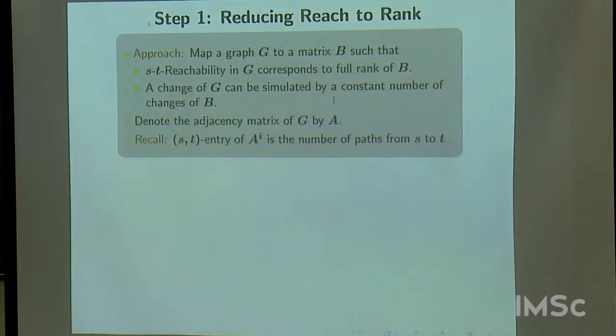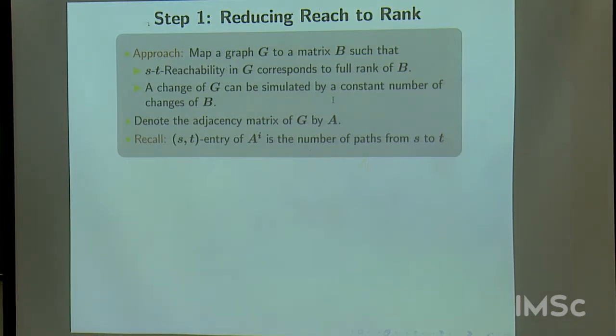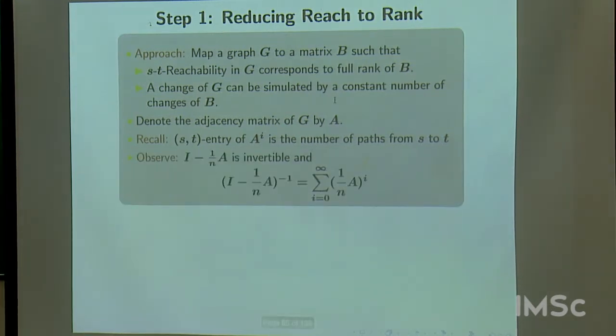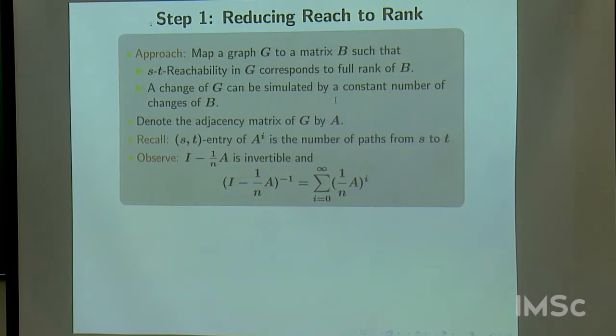So the basic idea is simple. The (S,T)th entry of A to the i is the number of paths of length i from S to T. Just the basic counting idea. Now observe that the matrix I minus A over n, where n is the size of the graph, is invertible because it's diagonally dominant.